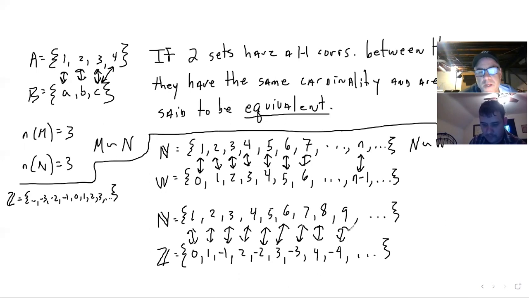So what I'm first going to do is make an observation, and we're just going to verbalize it. All the even counting numbers, 2, 4, 6, 8, correspond to an integer that is half of it.